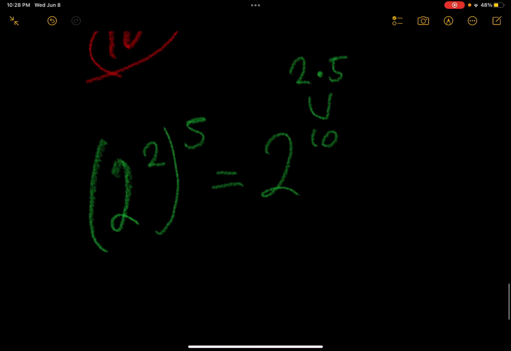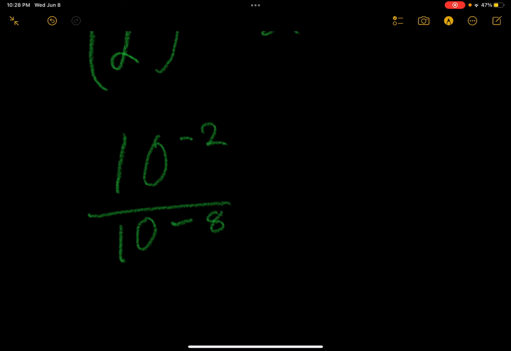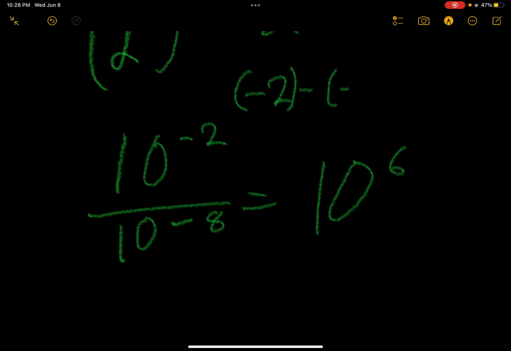Just remember, whenever dividing, don't get confused. Like whenever you have 10 to the negative 2 over 10 to the negative 8, this actually does equal 10 to the 6. Why? Negative 2 minus, I can just put this in parentheses, minus negative 8.